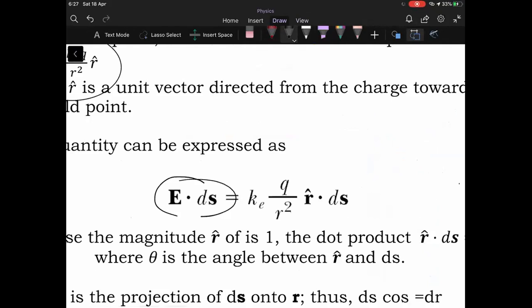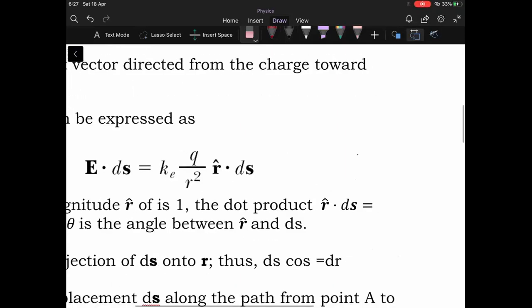E dot ds can be written as kq by r square, and now this r cap dot ds will be taken as the separate dot product. Okay. Now what is the magnitude of r cap? Magnitude of r cap is 1. When you take the dot product, you have to write magnitude of r cap into magnitude of ds into cos theta, right? The magnitude of r cap is 1. So this will become ds cos theta.